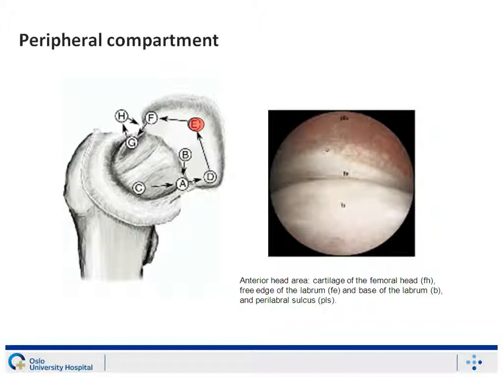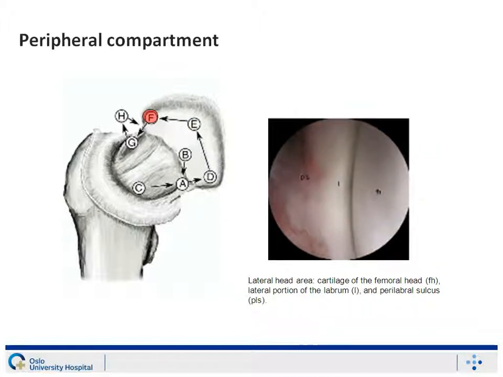And this is then anteriorly in the peripheral compartment, and what we see here is the neck of the femur. We see the labrum, and we see the perilabral recess and the capsule. And now we have moved to the lateral part of the peripheral compartment. Here again, the neck of the femur, the labrum, and the perilabral recess.